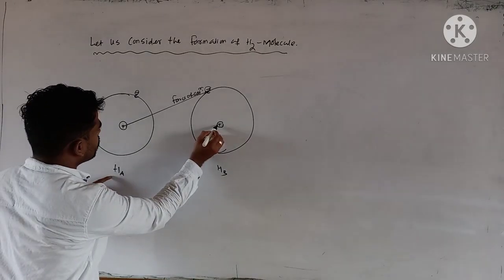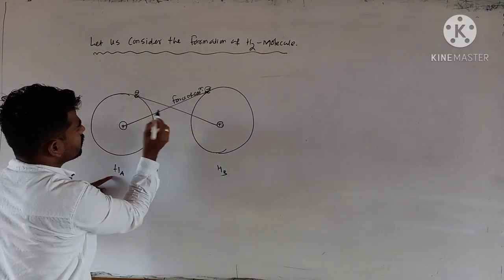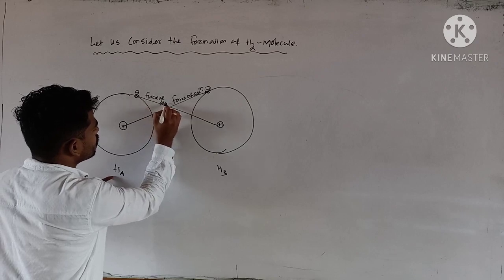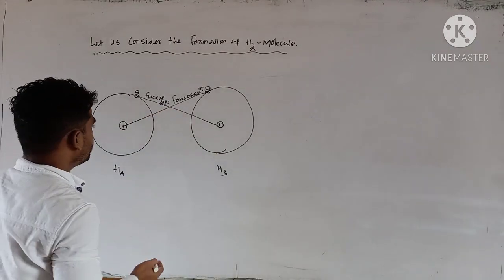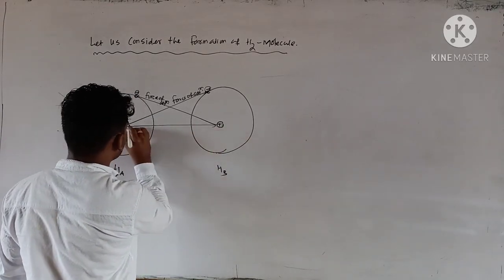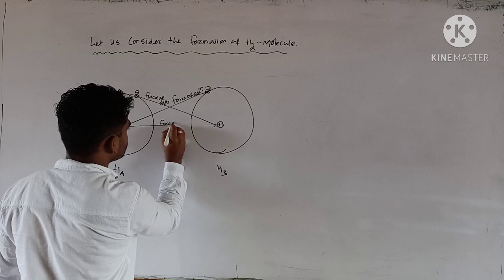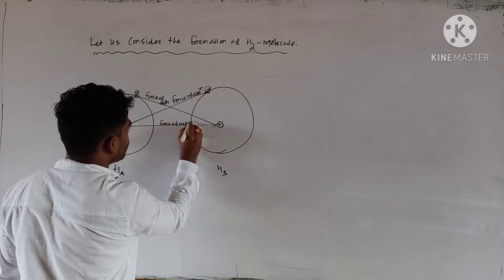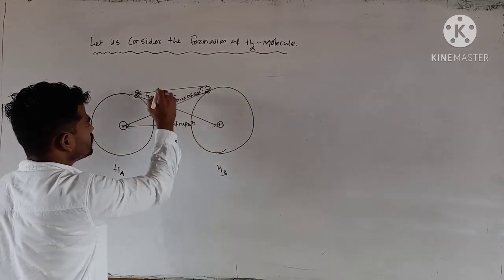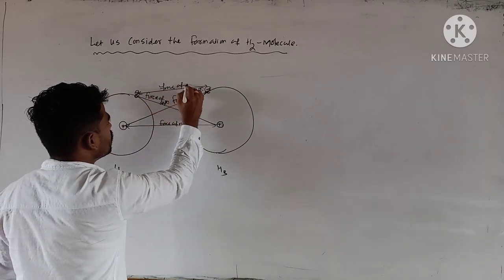And between this nucleus and its valence electron, again here will be force of attraction. Then between this nucleus and this nucleus having similar charge, there will be force of repulsion, and between this electron and this electron, similar charge, that will be force of repulsion.